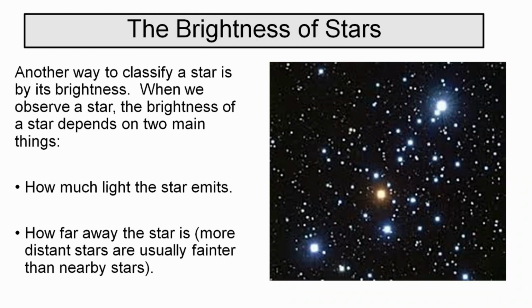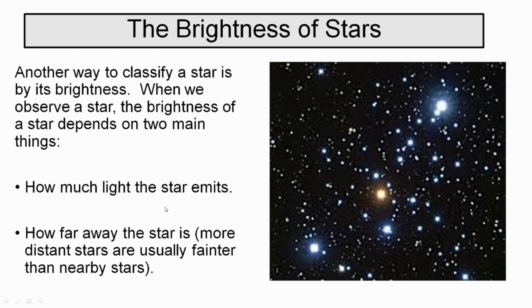So one way of classifying a star is by its temperature, but another way of classifying a star is its brightness. So the brightness of a star depends on two main things, as you can see in the bullet points here. Firstly, how much light the star emits, and secondly, how far away the star is.